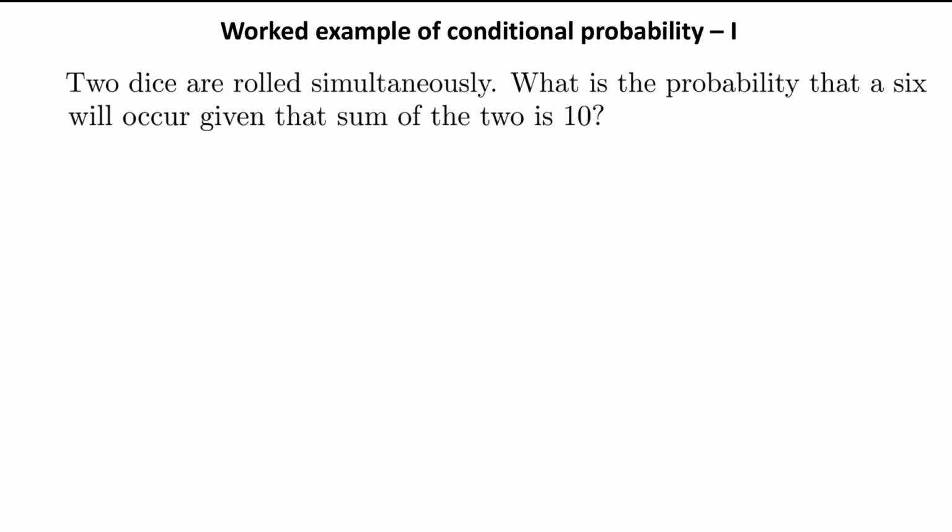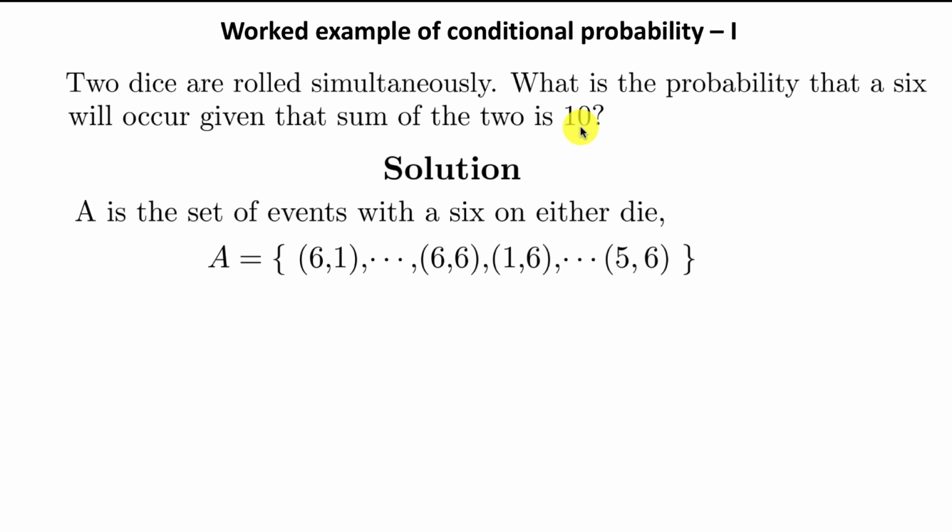Let's now work out an example of conditional probability. So suppose that two dice are rolled simultaneously. We are asked, what is the probability that a 6 will occur given that the sum of the two is 10? Let's count the possibilities. A is by definition the set of events in which a 6 occurs on either one of the two dice.